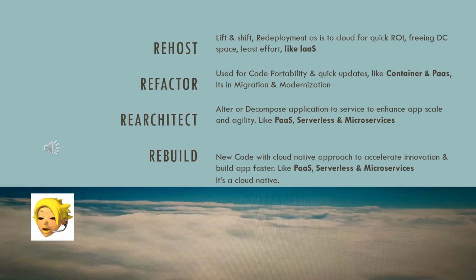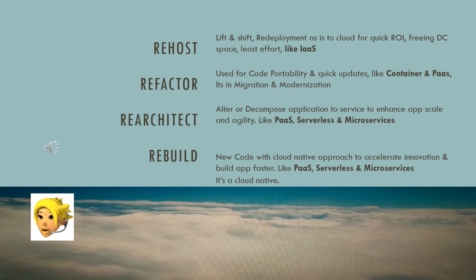And what is re-architect? Alter or decompose the application into services and enhance app scale and agility. So the elasticity, the flexibility, the agility, the scalability you have. With re-architect, you can decompose the application and rebuild it like PaaS, serverless and microservices.